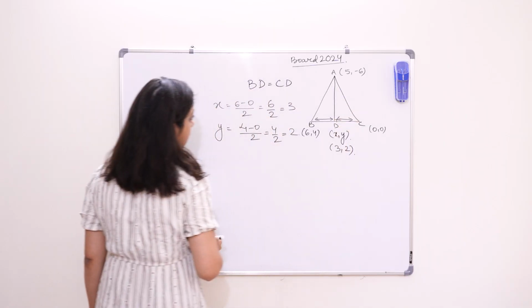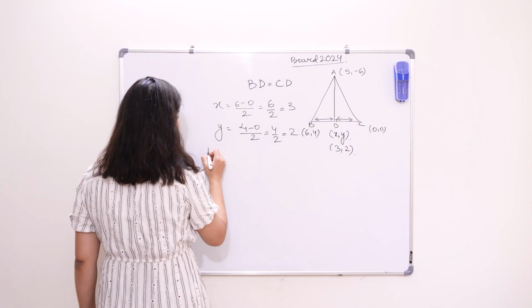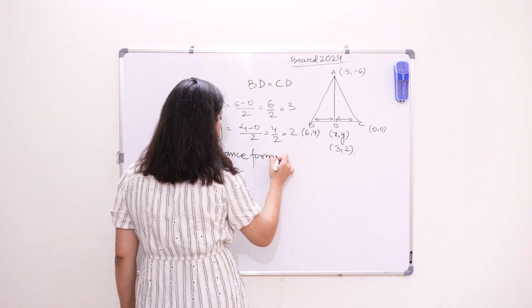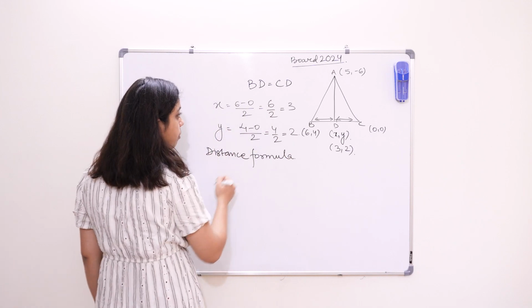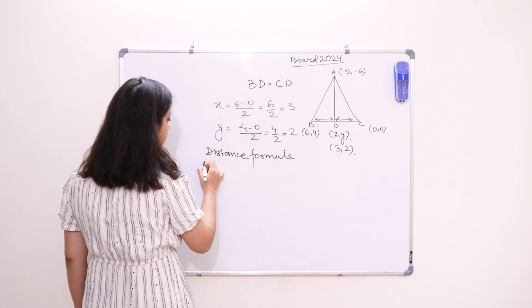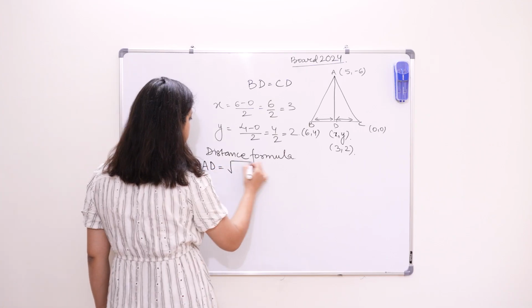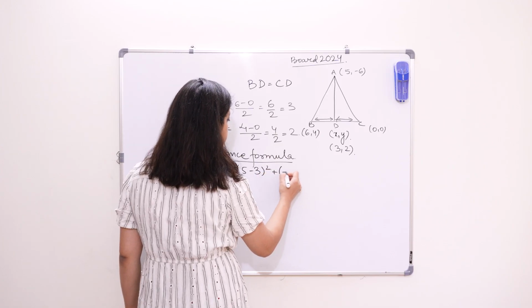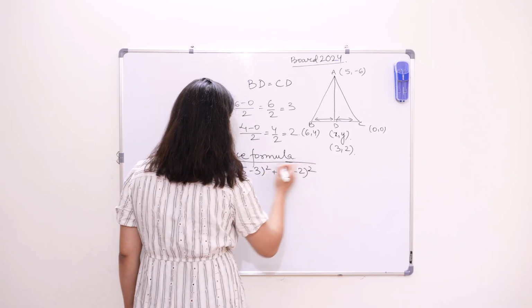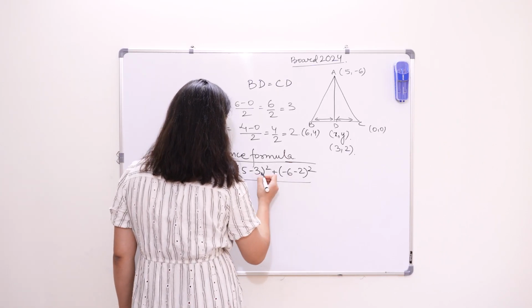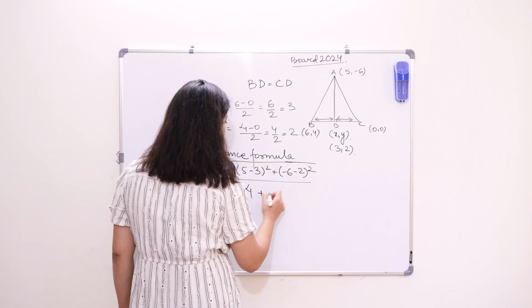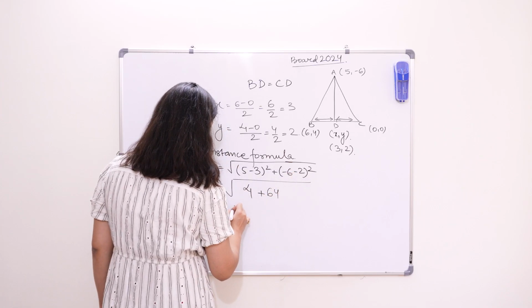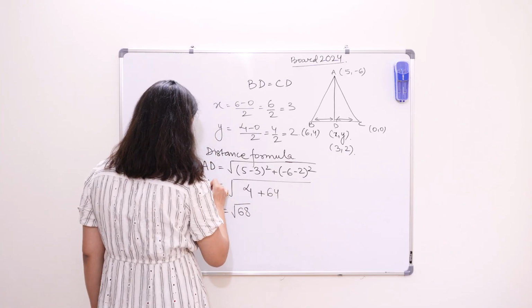And what do I have to calculate? I have to calculate AD, which means I have to use the distance formula. The distance formula used will be AD is equal to square root of 5 minus 3 का square plus minus 6 minus 2 का square, which becomes 5 minus 3 is equal to 2 का square 4 plus minus 6 minus 2 is 8, 8 8 is 64, which becomes 68.